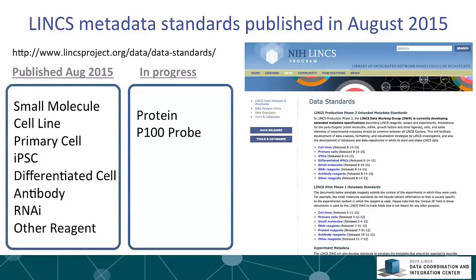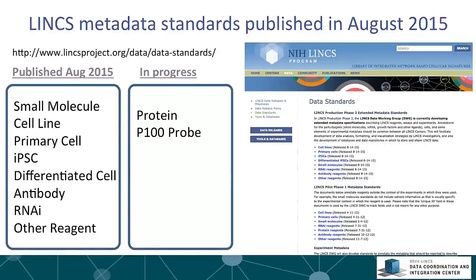We have been developing metadata standards to uniquely identify molecular entities, model systems, and other concepts that are important to describe LINCS signatures and assays. The metadata standard specifications assure that all metadata are captured with sufficient detail that enable us to integrate the data and to create a common view across all the different LINCS data generated by different LINCS assays.